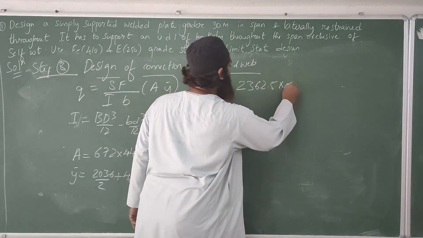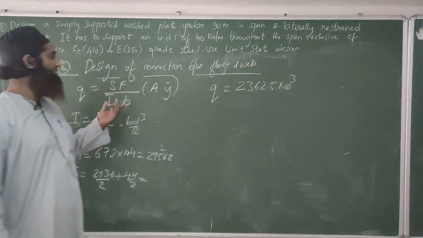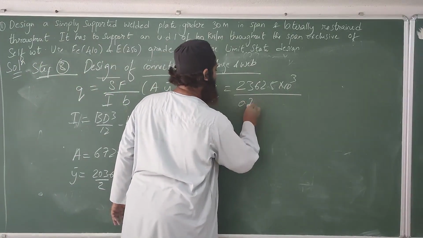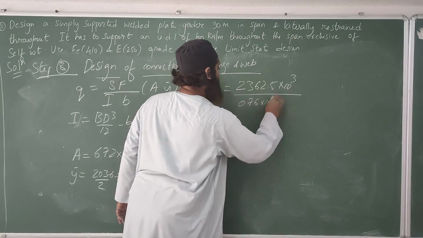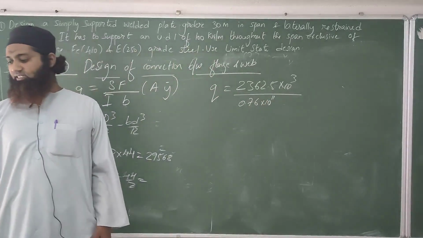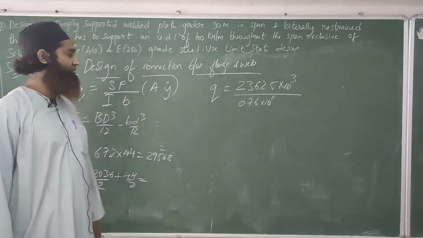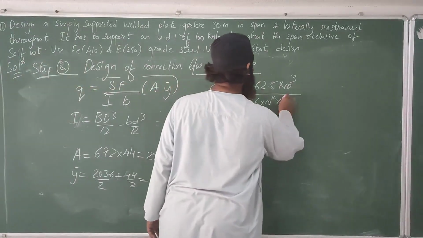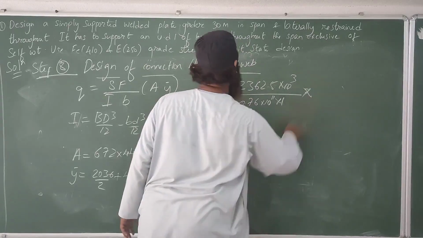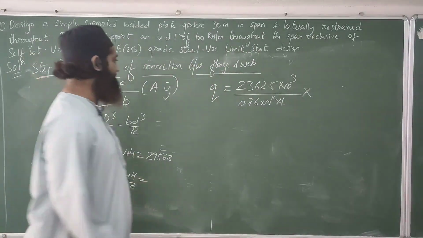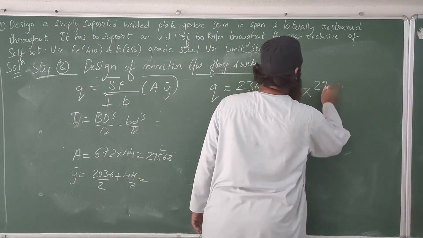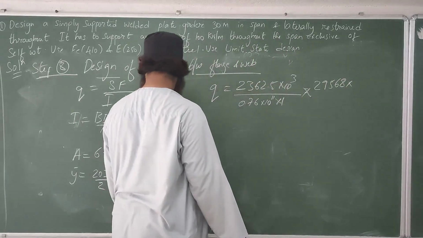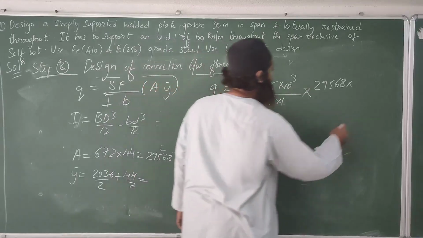2362.5 into 10 cube, it is in kilonewton, I'm just converting it into Newton. I had got I as 0.76 into 10 to the power of 11, and then the value of B as 1. Area of flange I have got as 29568, into Y bar, 1044.